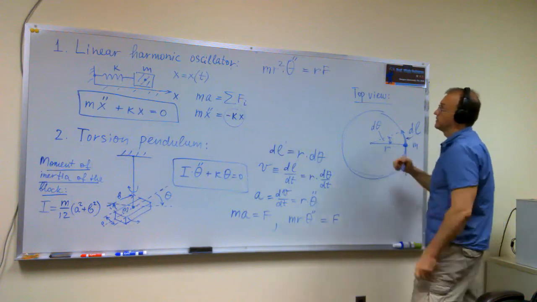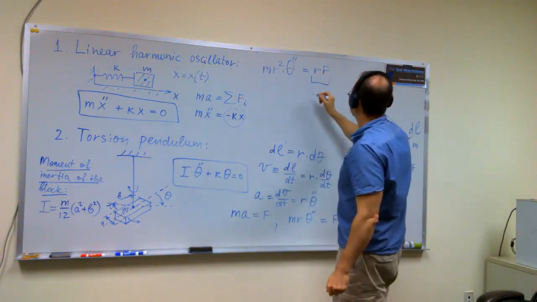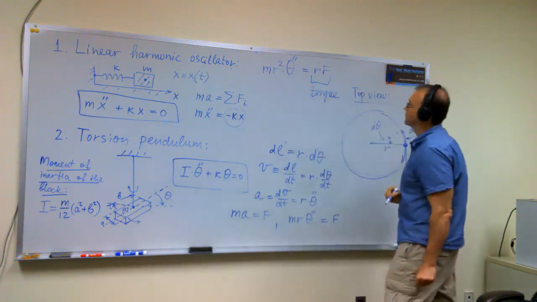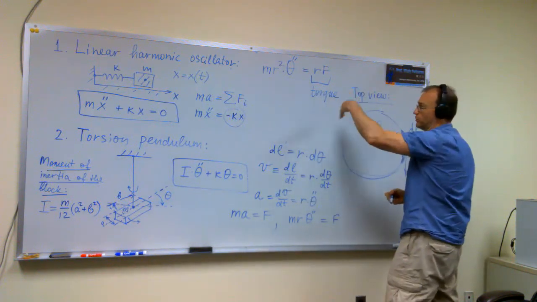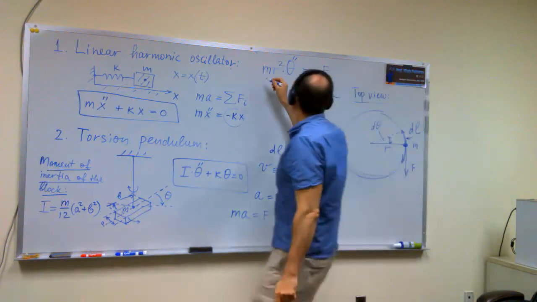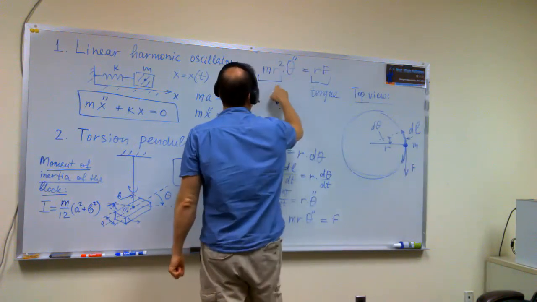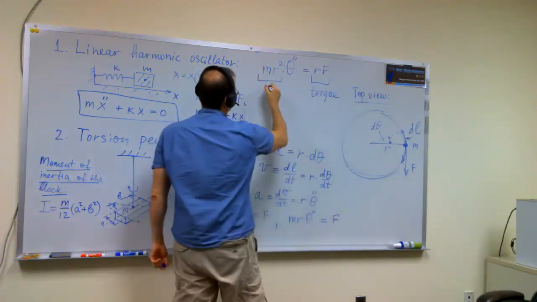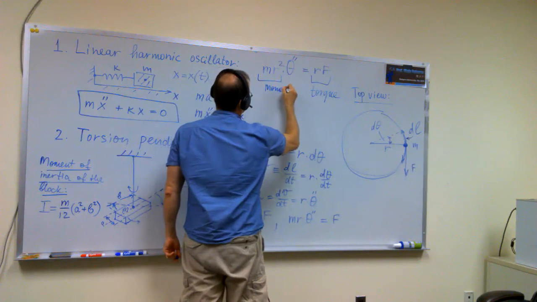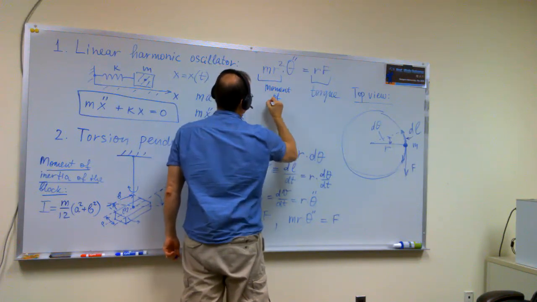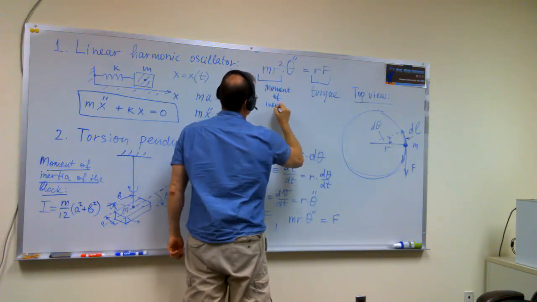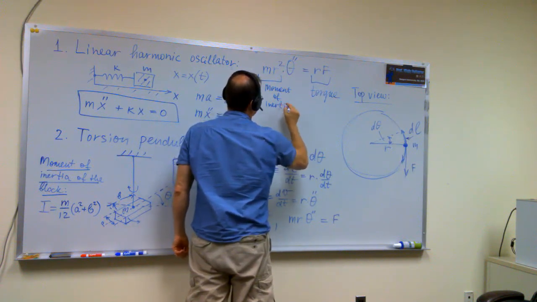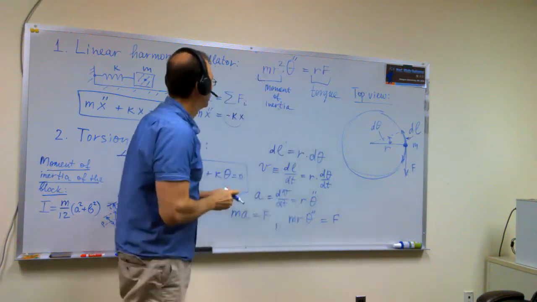So RF is something that we call a torque, right? It's the moment of force, or a torque. And this prefactor here, by definition, for the point mass, is the moment of inertia.